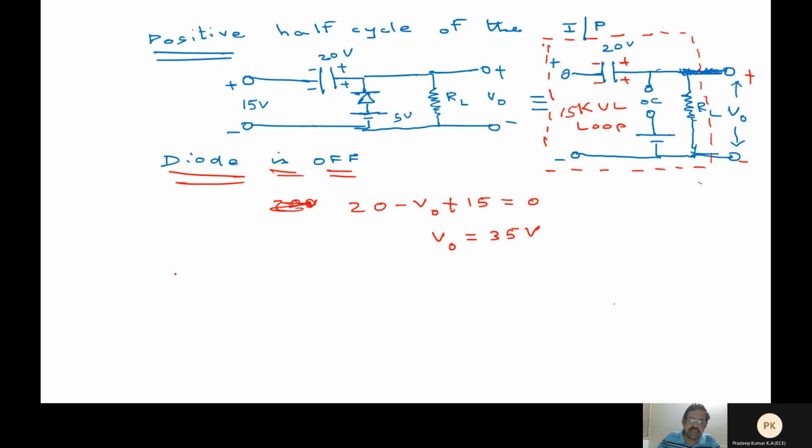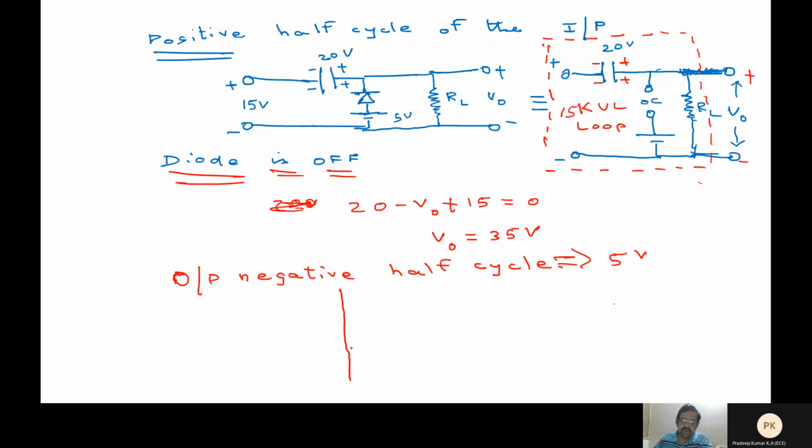Output in the negative half cycle is 5 volt. So now we are in a position to draw the output.